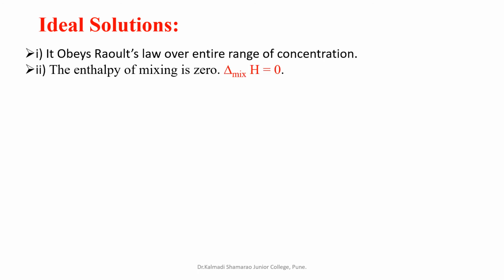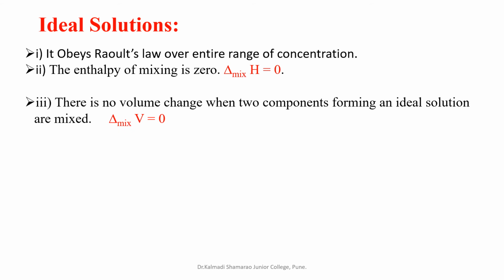Secondly, the enthalpy of mixing is zero. That is, no heat is evolved or absorbed when two components forming an ideal solution are mixed. Third, there is no volume change when two components forming an ideal solution are mixed. Thus, the volume of an ideal solution is equal to the sum of the volumes of the two components taken for mixing.